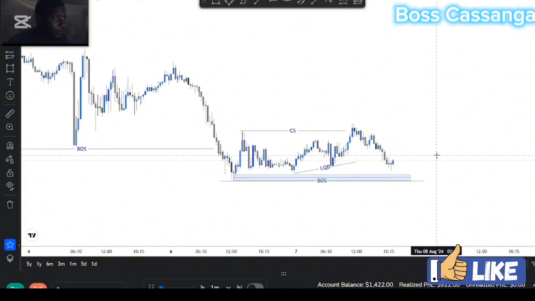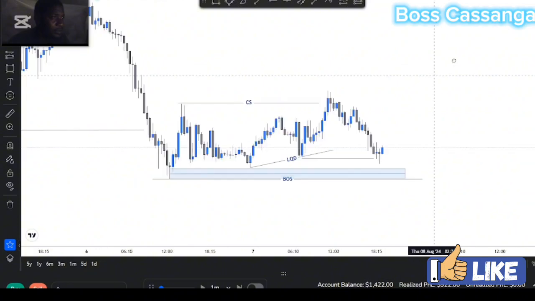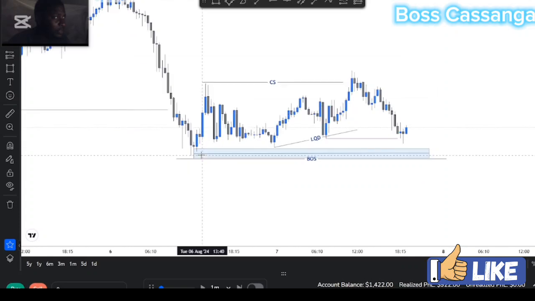Okay, this liquidity was already taken out. Liquidity was taken out here, but still we have this liquidity sitting here, and a demand zone that needs to be touched.